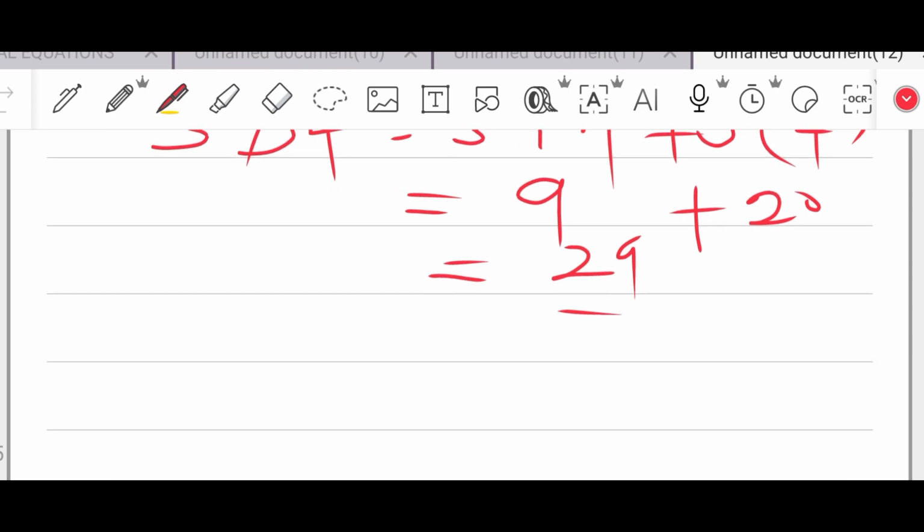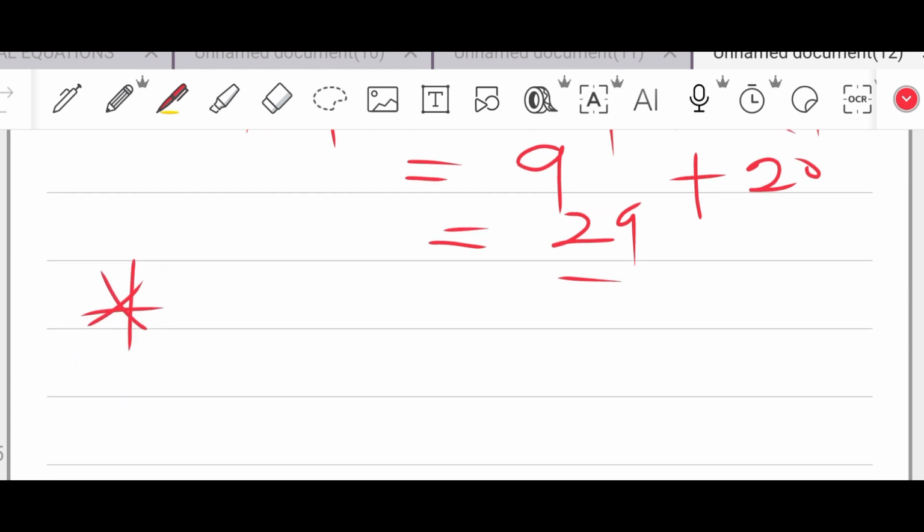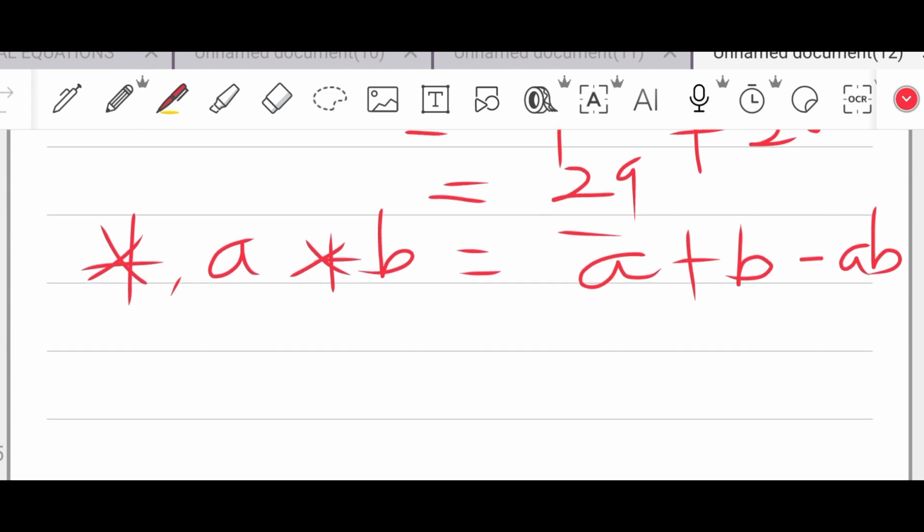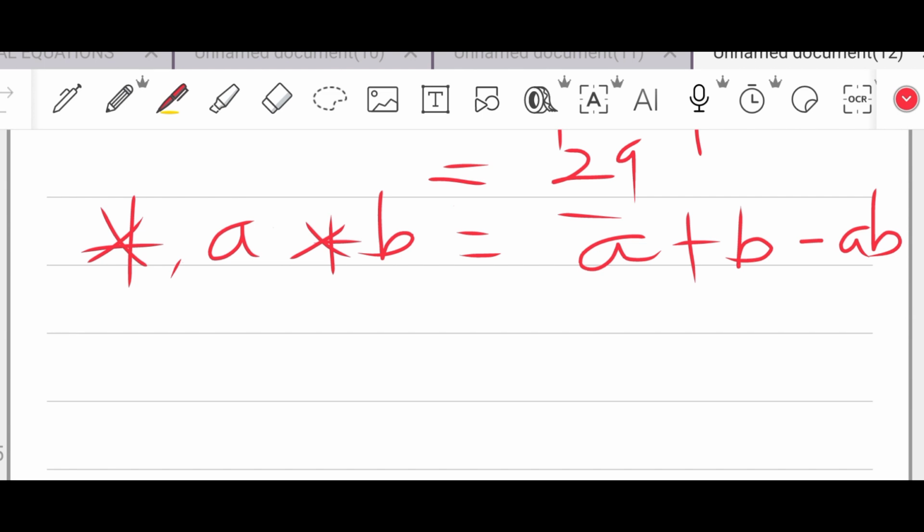So let's try to evaluate this, assuming an operation star is given by A operation B being equal to A plus B minus AB. So let's evaluate these examples.